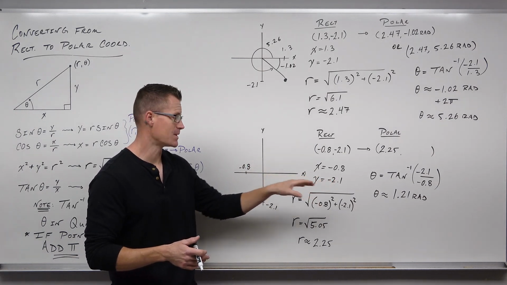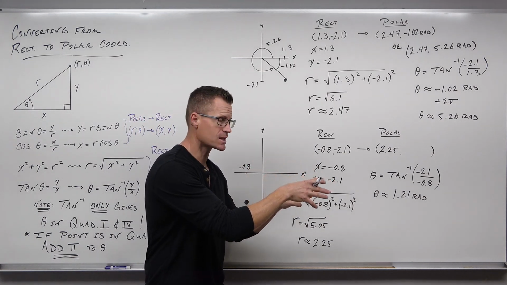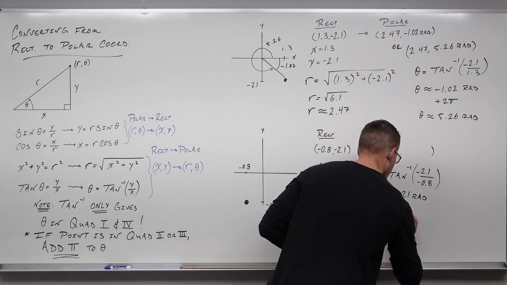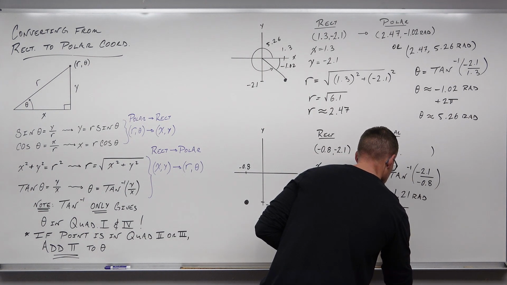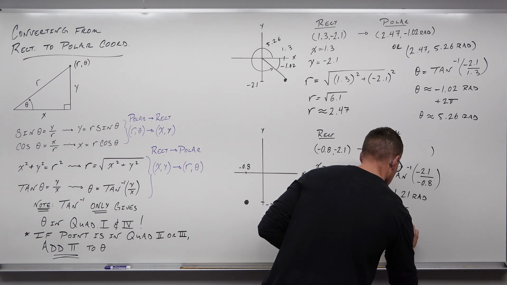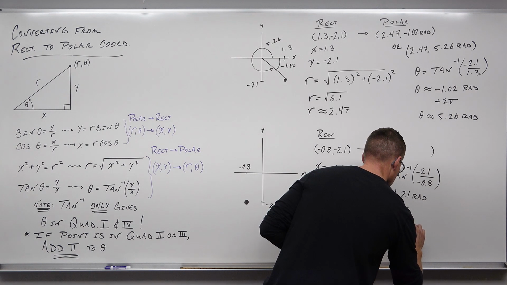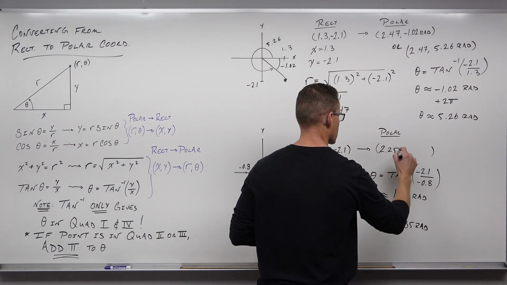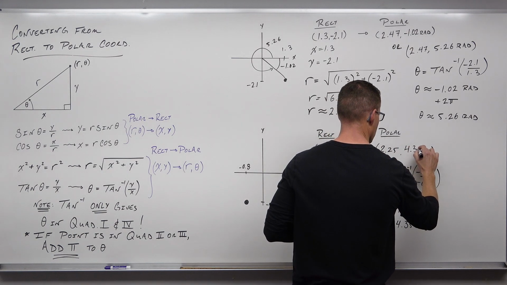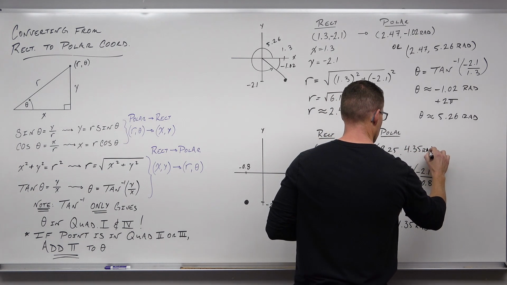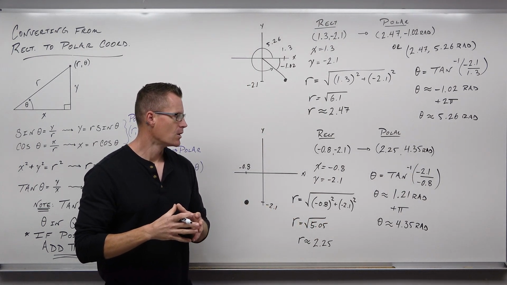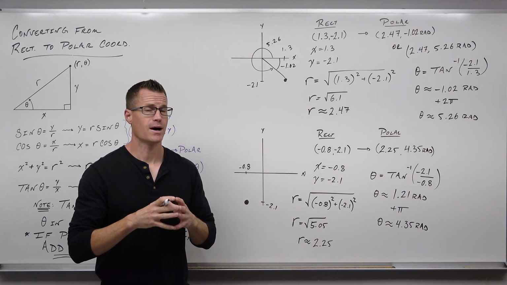So I'm going to add pi because I was in quadrant 3. The angle says I'm in quadrant 1. Pi will take care of that. And so if we do add pi and round it appropriately, we're going to get 4.35 radians.